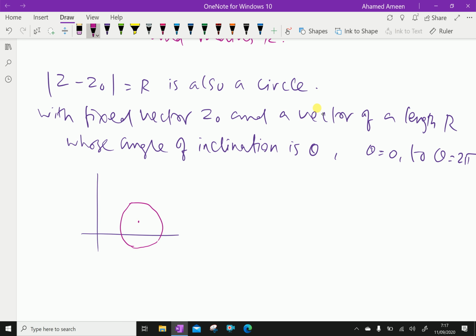This center is z0 and this point is r e power i theta. Then we can say this one is z. That means modulus of z minus z0 equal to r can be represented by this.